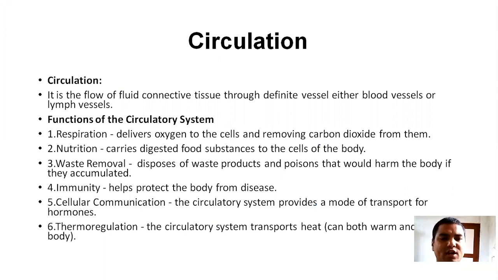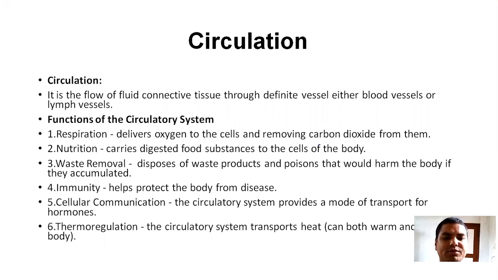There are some functions of the circulatory system. The circulatory system, or the blood, delivers oxygen to different cells and removes carbon dioxide from different cells and tissues of our body. It carries digested food to different cells of the body.